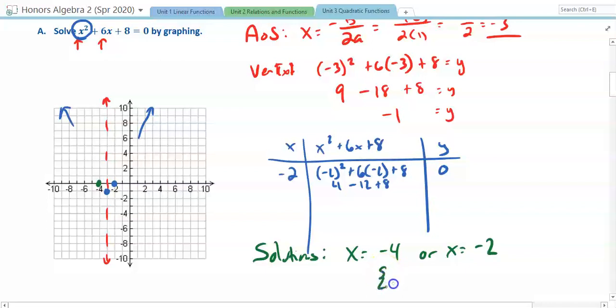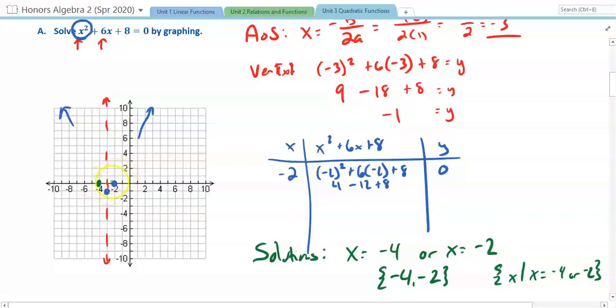And we could show that as a set in braces, negative 4, negative 2. And you might also see it with the x such that x is equal to negative 4 or negative 2. Again, just depends on the context and how formal they're writing the solutions.